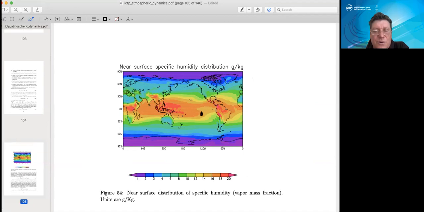That depends strongly on temperature, according to the Clausius-Clapeyron equation, as you have learned from your atmospheric physics course. So in regions where it's cold, the air can simply not hold so much water vapor. Any water vapor over some threshold has to condense, and therefore the water vapor has to be smaller in colder regions.